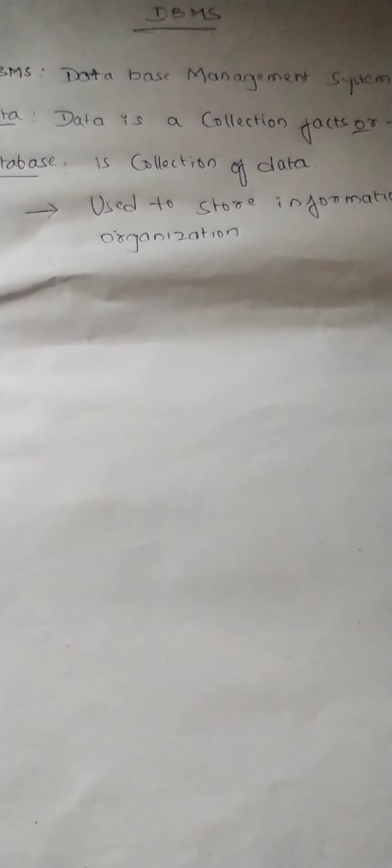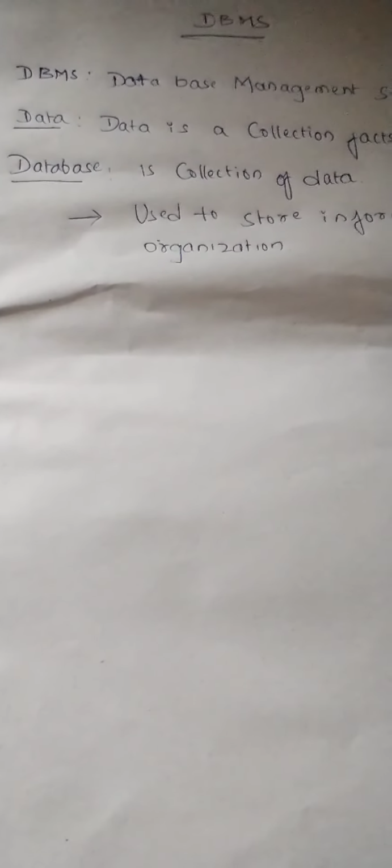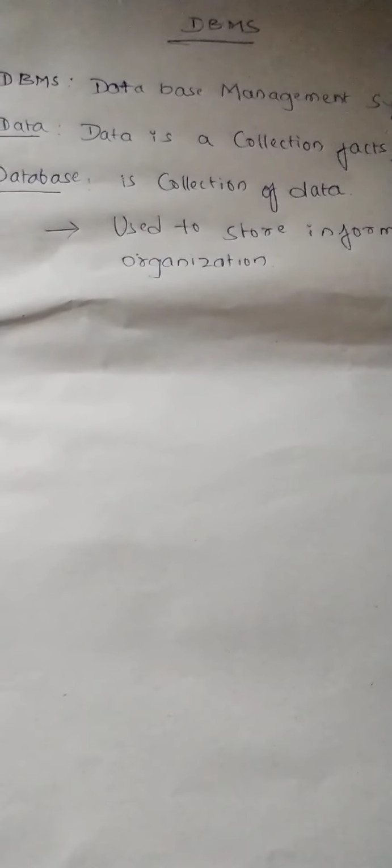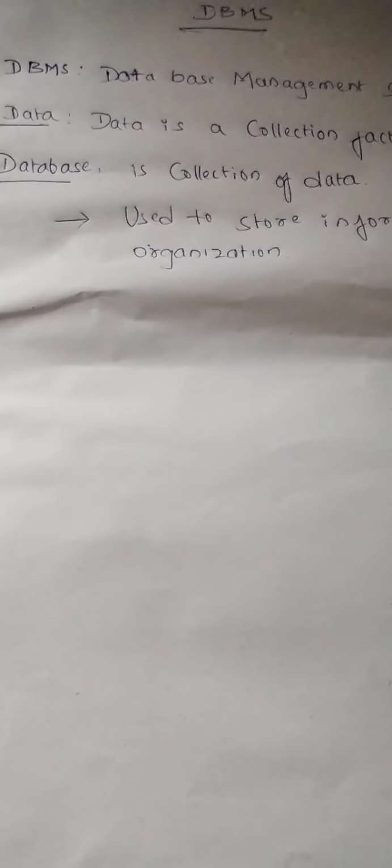If we are maintaining that record for the patients, we are going to store it in the computer. That record is called data, and to store that data we need a database.